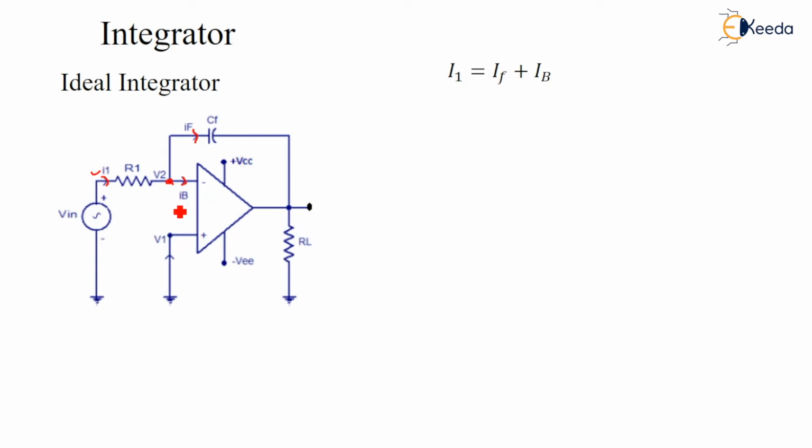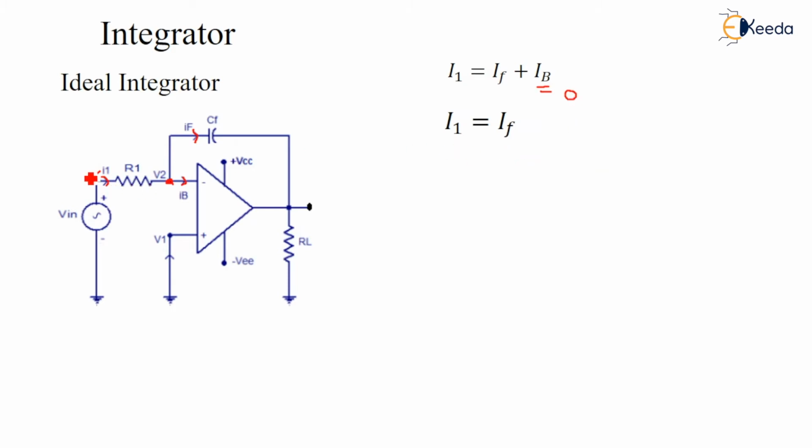We know that the ideal op amp has infinite input impedance. So because of that, the input current of the terminal is equal to 0. So this IB will be 0, and you'll get the equation I1 is equal to IF.